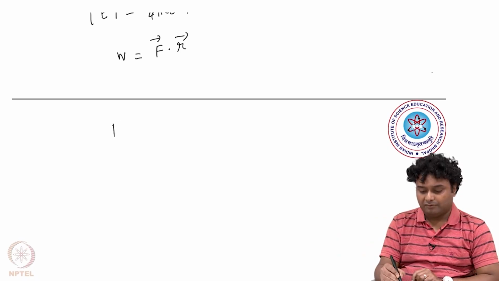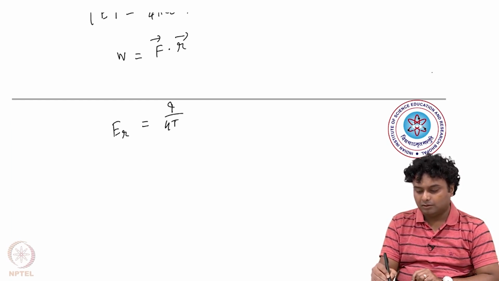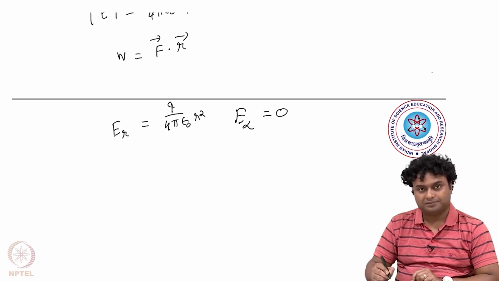What is the electric field at r? It is Q by 4 pi epsilon naught r square. What is the electric field at infinity? It is equal to 0, correct? In the denominator there will be infinity, so it will be 0.